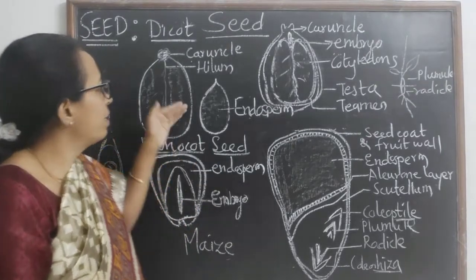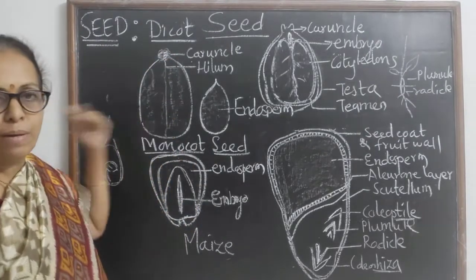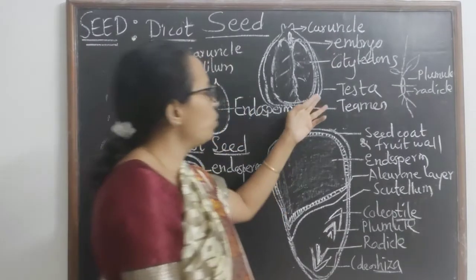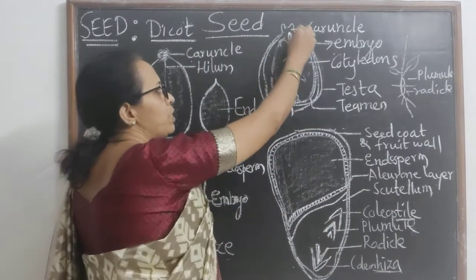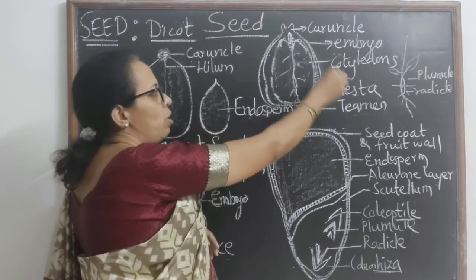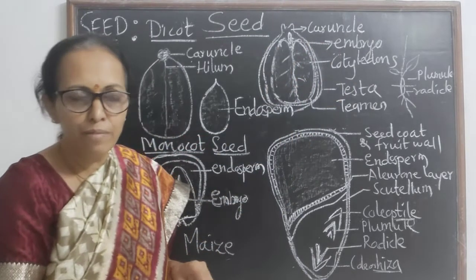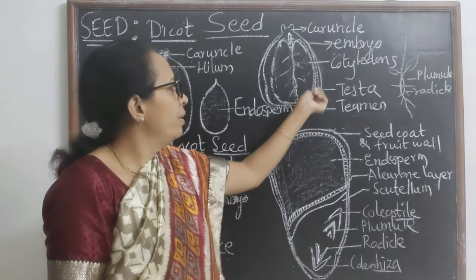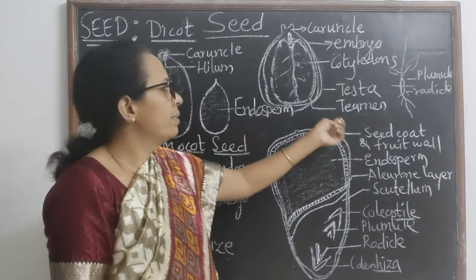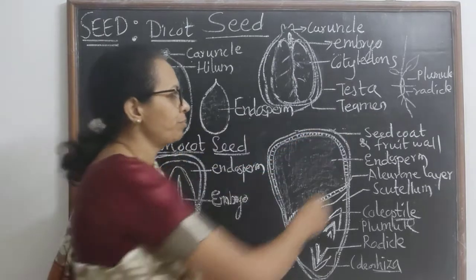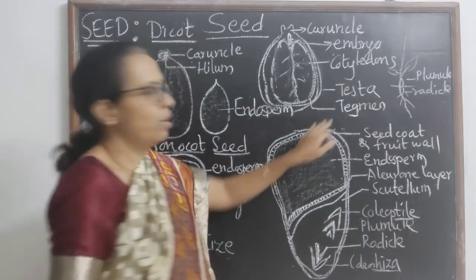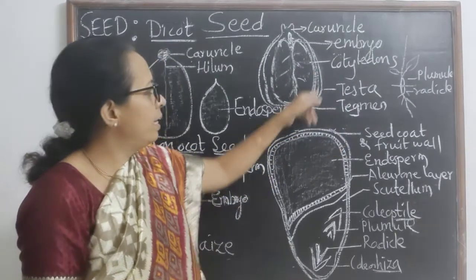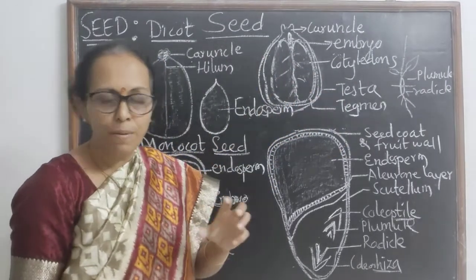If we take a vertical section passing through this seed, we will find that the outermost layer, which is the protective layer, we call the testa, which is hard and darker in color. Inside that, the thin layer we are observing is the tegmen. So the testa and tegmen are the coverings of the seed.